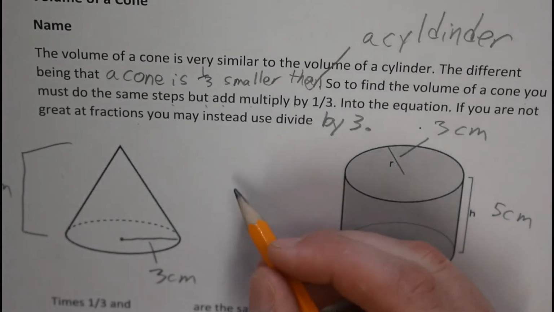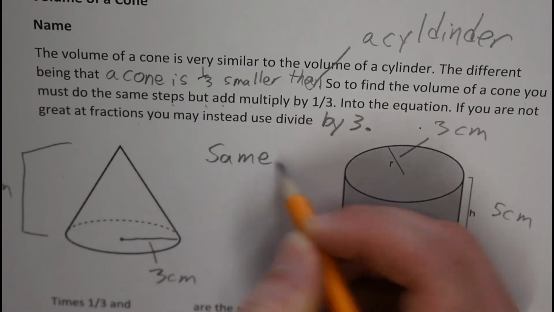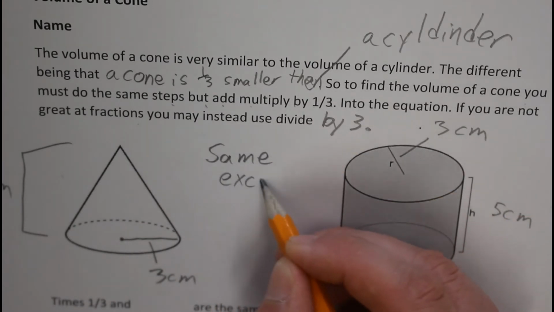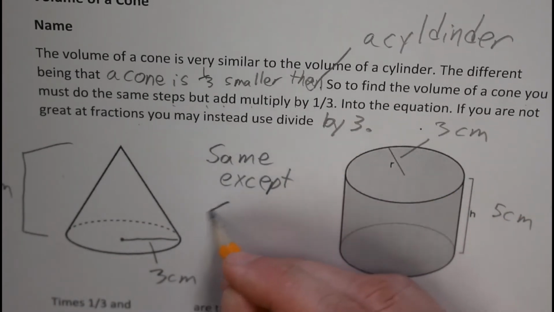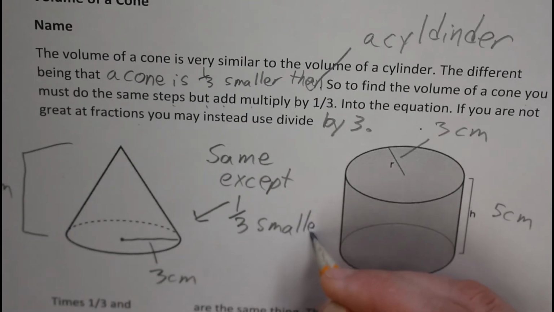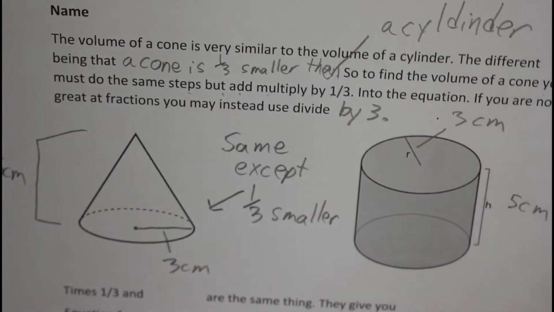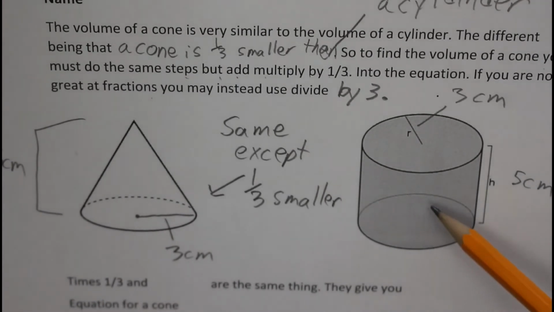These two are the same, except 1/3 smaller. That's 1/3 of that one. So that's why it's good to know your cylinders before you move on to your cones.